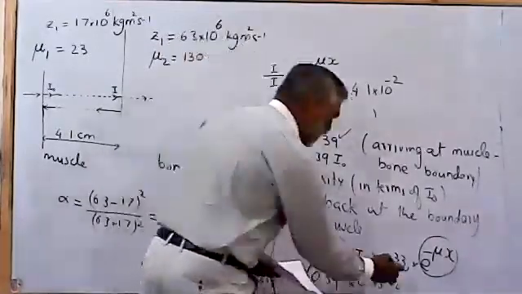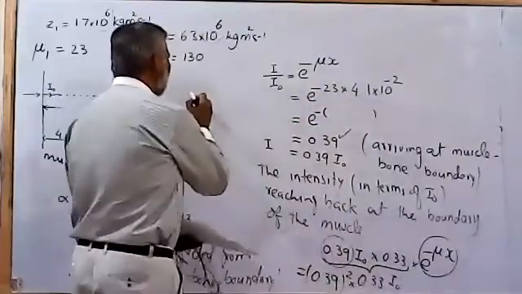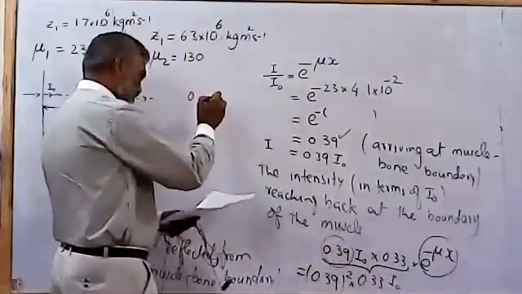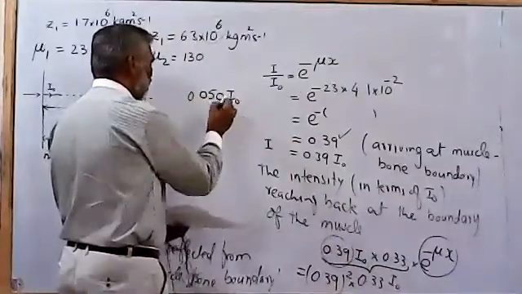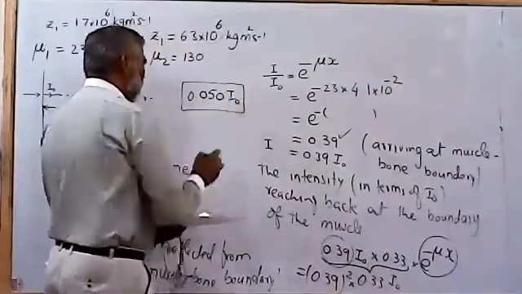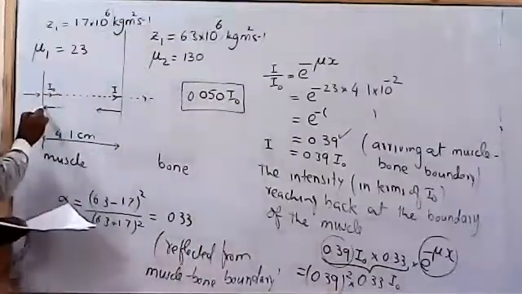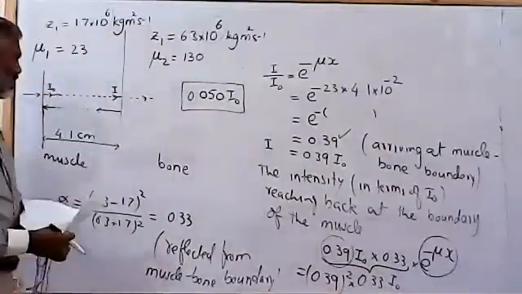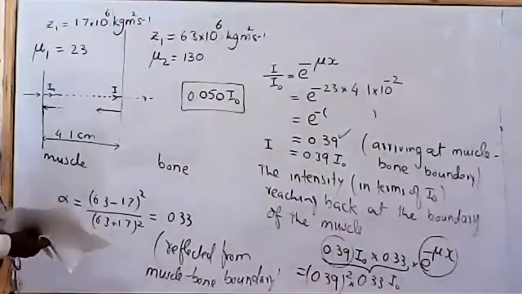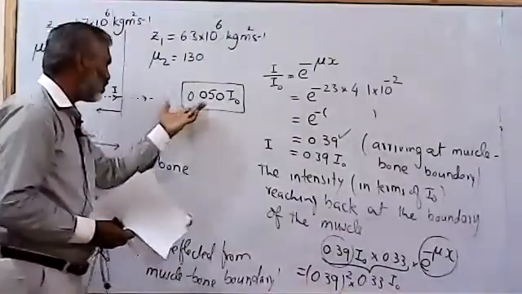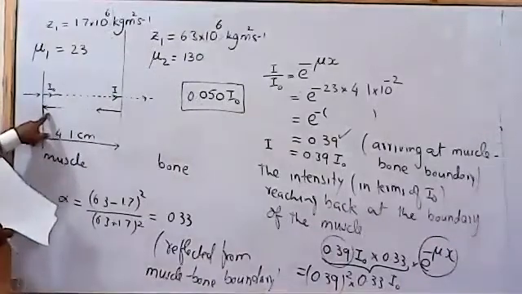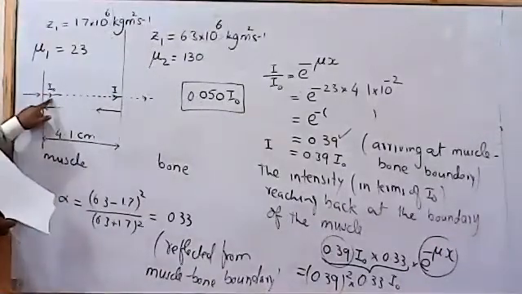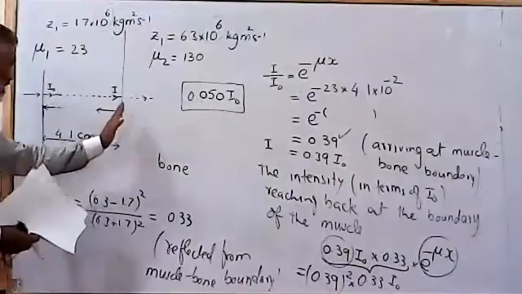And when I simplify all this, it becomes 0.050 I naught. So this is the intensity that is received here, which means this is 5%. So what I get is 5% of the original intensity after it gets reflected from here.